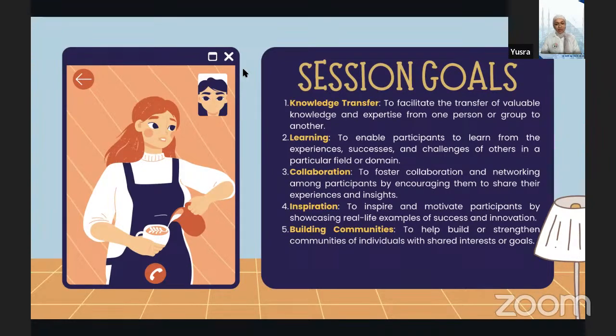We have collaboration: to foster collaborating and networking among participants, encouraging them to share their experiences and insights. We have aspiring: to inspire and motivate participants by showing real life experiences and success stories. Last, we have building communication: to help build strong communication among individuals sharing interests or goals.